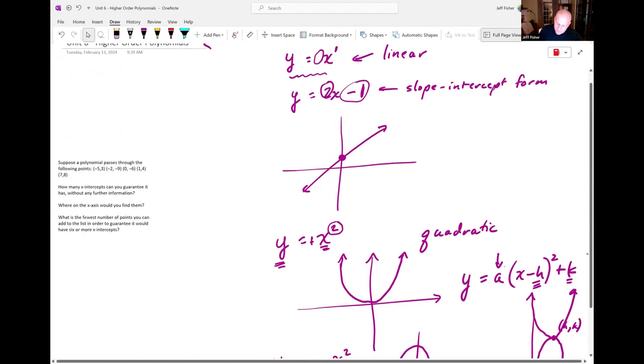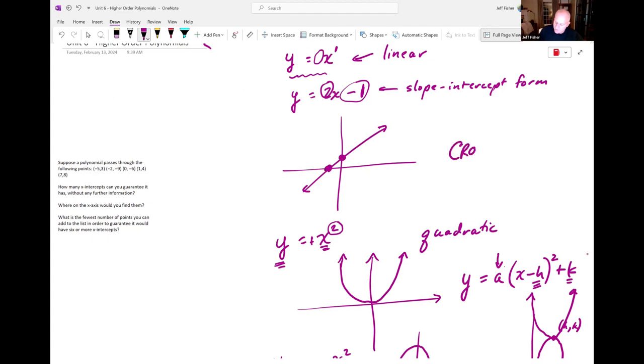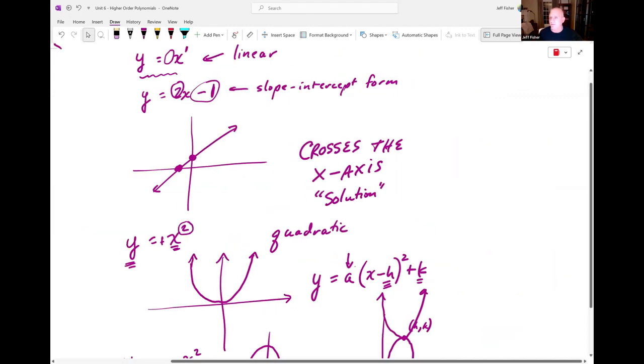Okay. So what's important to note here is a couple things before we go into this unit. Remember that anytime we have the point where the graph crosses the x-axis, we call that a solution. What I can't stand about mathematicians is they give these things too many names.